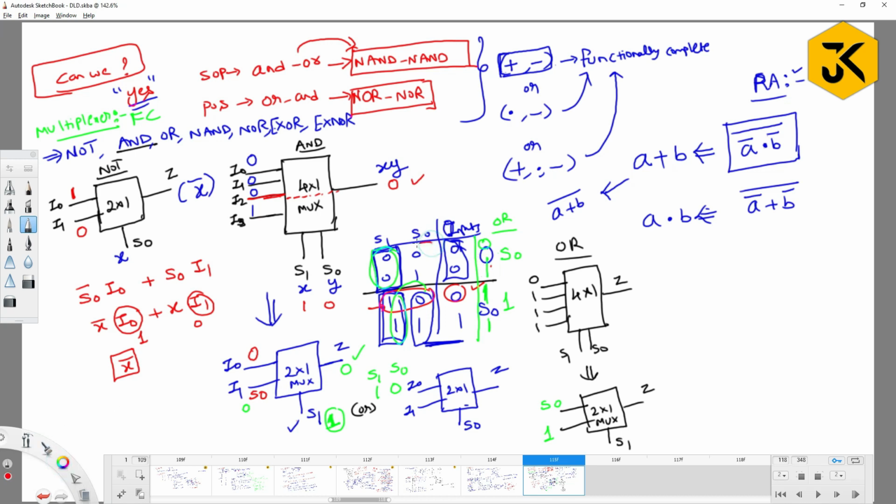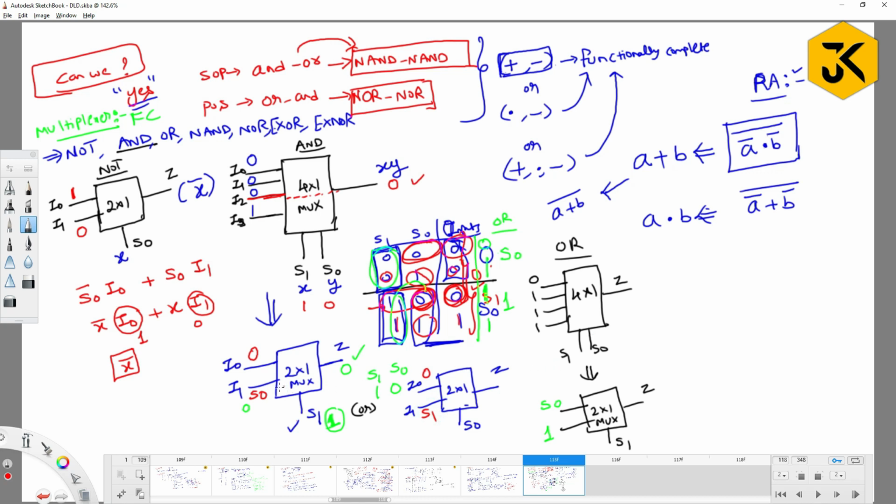If I take S0 as the select line, what do you have to combine? This 0 and this 0 you have to combine. When 0, 0 is the input, what is the corresponding output you are expecting? 0 only, meaning that irrespective of S1, you get 0 again. What about the 1? If you have 1, 1 as input, it looks like 0, 1 and 0, 1, the same output, so it will be S1. So now I0 is 0 and I1 is S1.